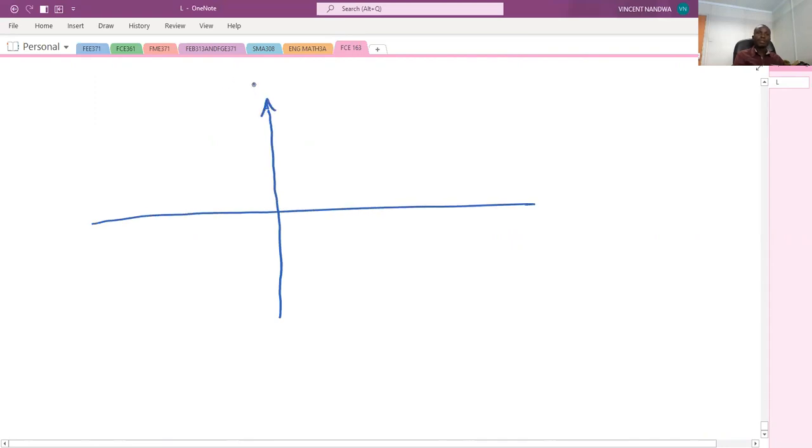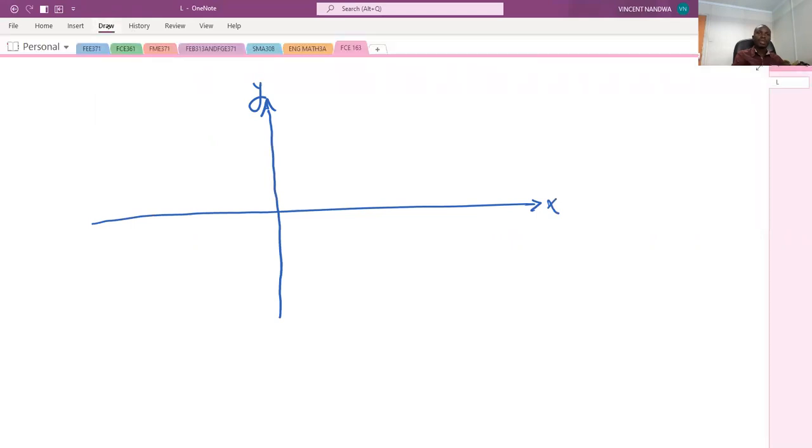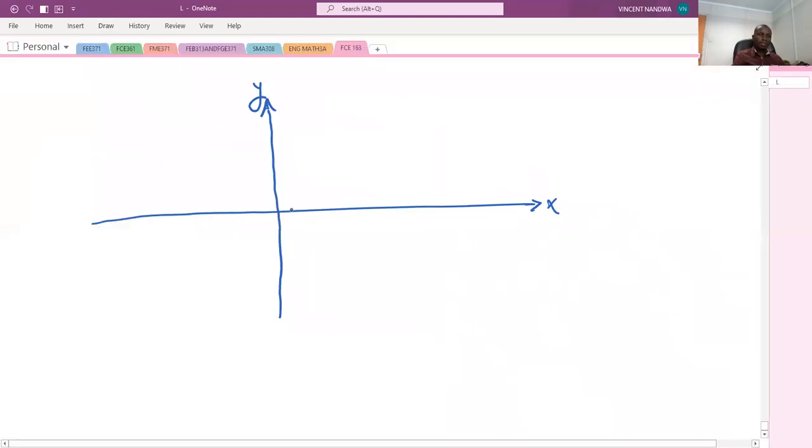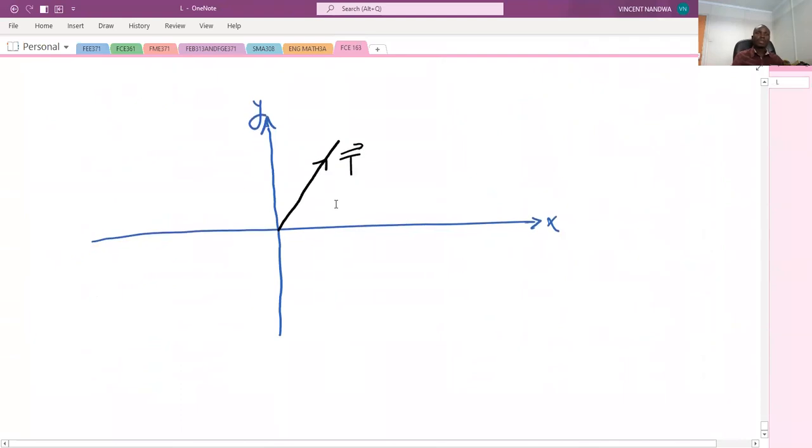So we have this cable. Let's say that the tensional force here, because this cable is called T2, let's call that force T2. So this angle is 53 degrees.